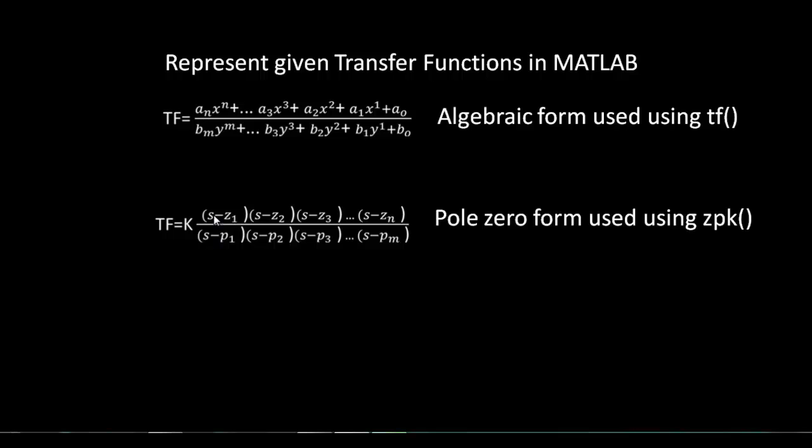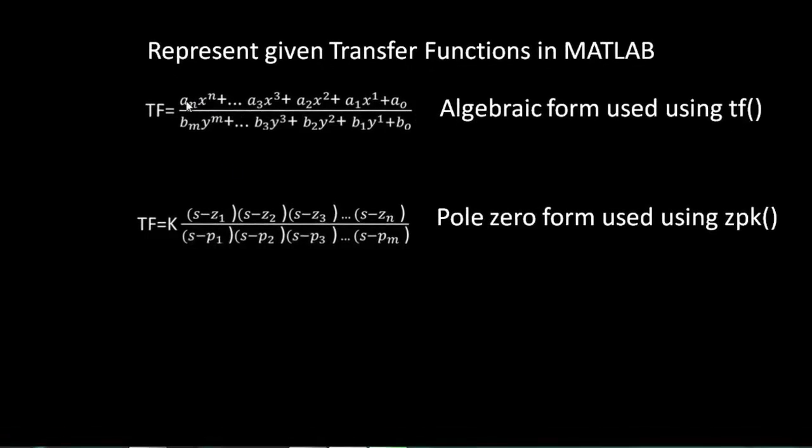So if you look at this, if I have this algebraic equation which is there in the numerator in the algebraic form, a to the power n, x to the power n plus so and so up to plus a naught, we can write it as s minus root 1 into s minus root 2 into s minus root 3 and so on up to n roots, because there are n roots.